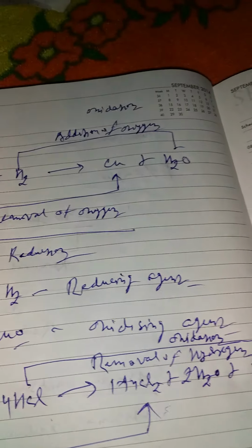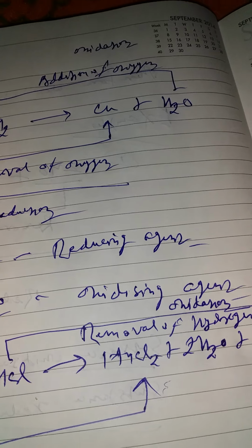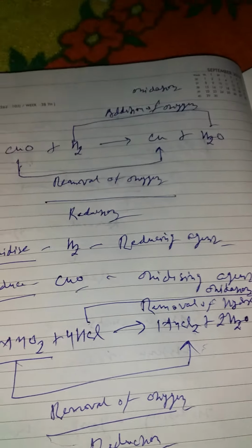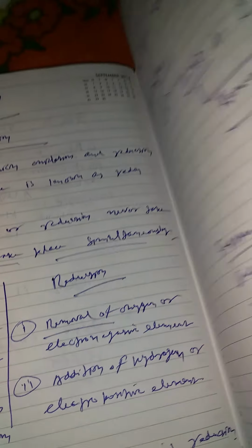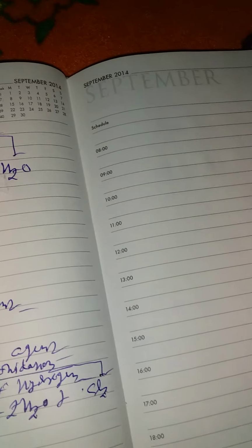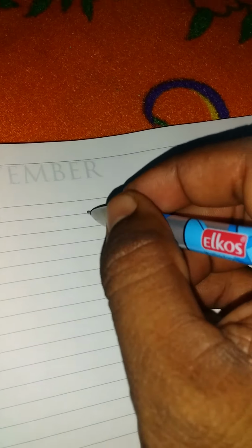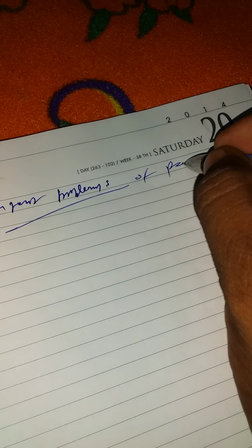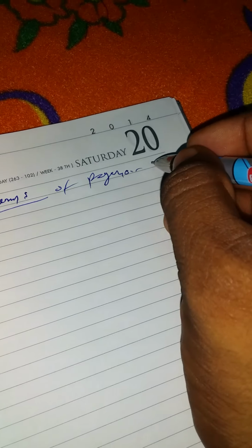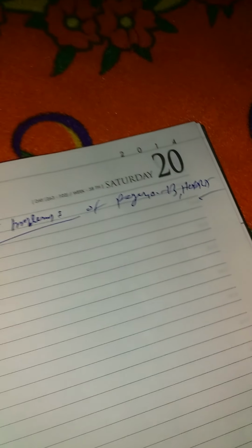So we discussed redox reaction, in which oxidation and reduction both take place. Now we solve the intext problems of page number 13 in NCERT.